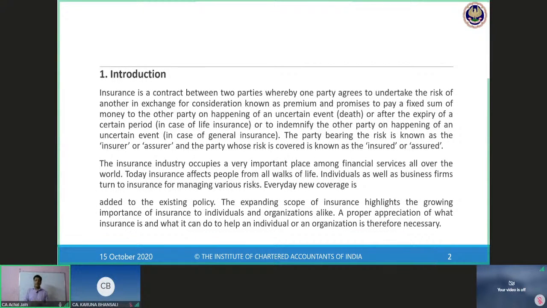No, that means my risk was that if I lose my life, then there could be certain financial problems which may be faced by the persons who are dependent on me. So what the insurance company may do, they may say, okay, fine. So we will make sure that all of those financial problems are taken care of, because in case of happening of this event, a fund or an amount will be paid to the persons.